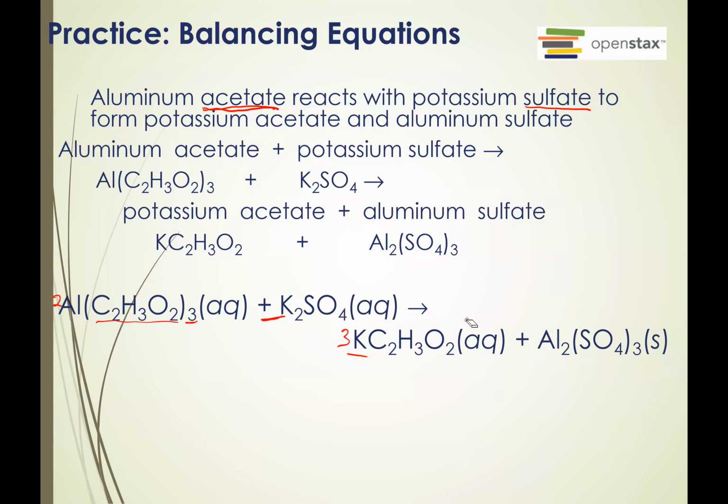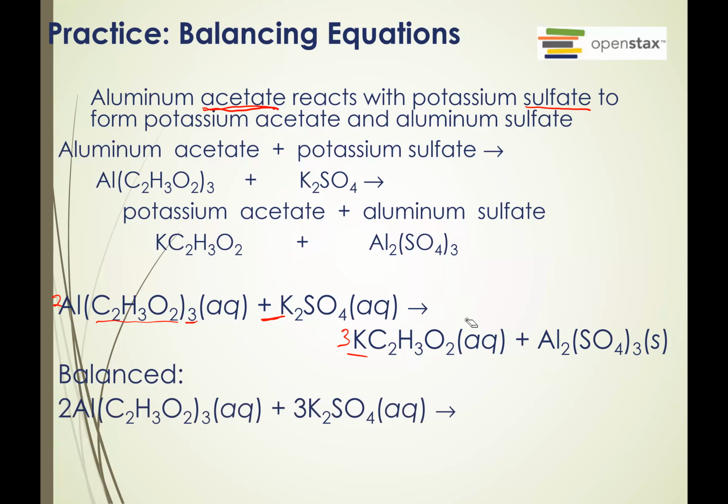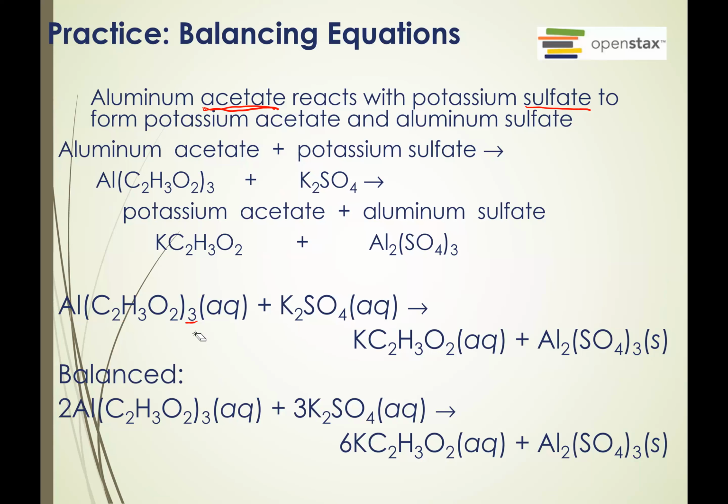Any ideas? We need to put a 3 in front there to balance it. And then this again got messed up, so we had to change this one to a 6 to make it right. So we had 6 K's here. So this is what it ends up being balanced.